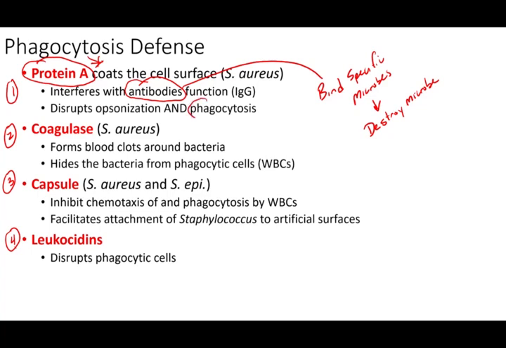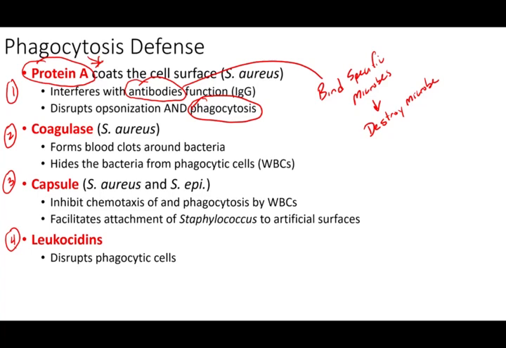Phagocytosis is another really important mechanism that our immune system uses, and some of this phagocytosis is related to antibody function, so these go hand in hand. But antibodies and phagocytosis are two really important mechanisms of how the host immune system functions within a human.